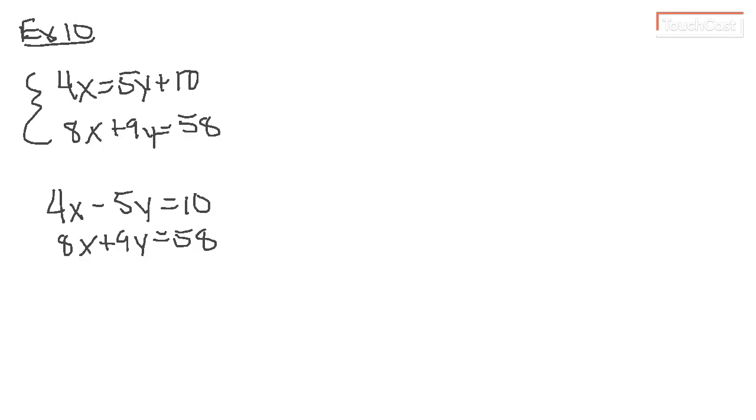Now that my equations are aligned, I notice I can find an x value. If I multiply the entire top equation by 2, I can get 8 in front of my x, which is part of what we want to do on step 2.